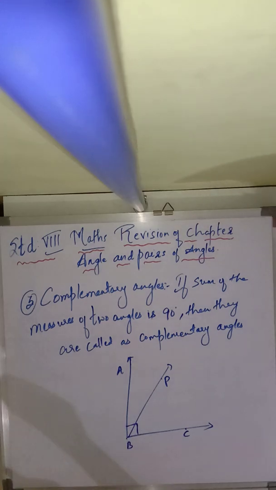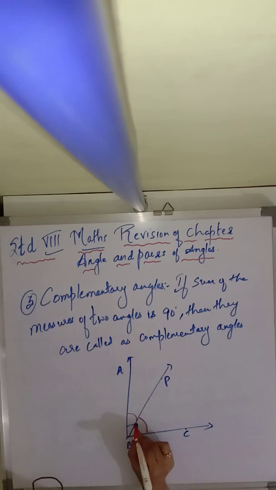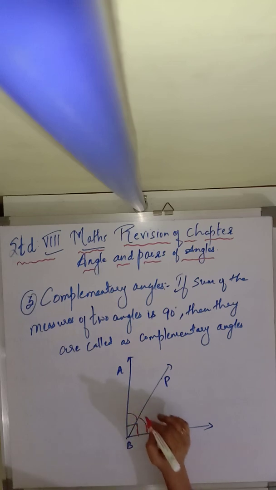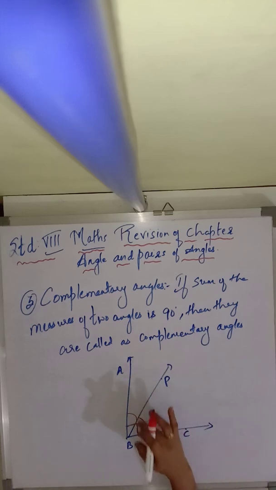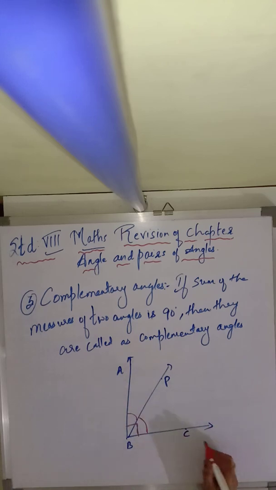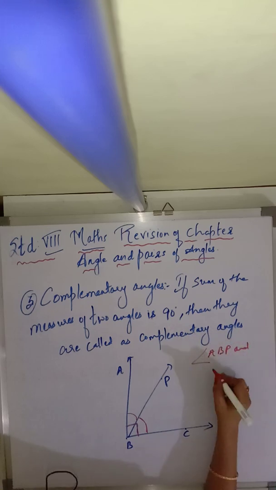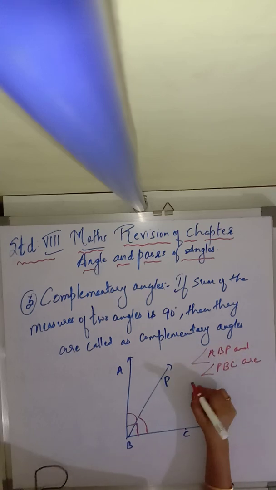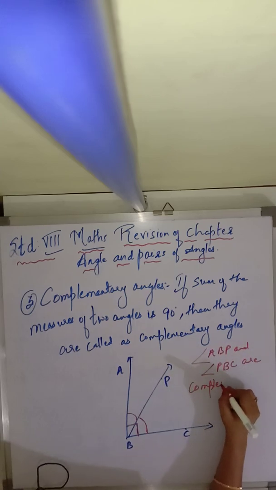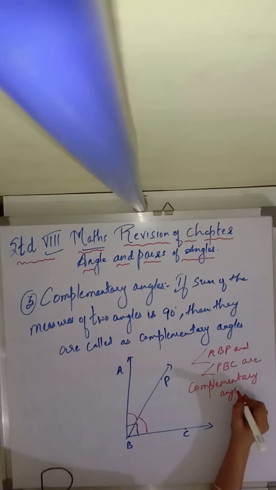You can see this angle plus this angle is making up 90 degrees. Yes or no children? So the sum of two angles is making 90 degrees. That means both angles are complementary angles. That means angle ABP and angle PBC are complementary angles.